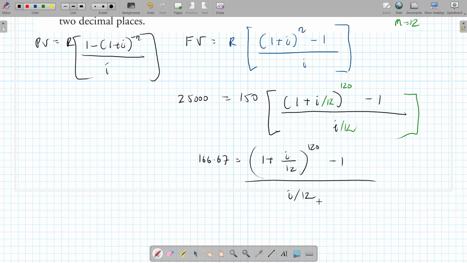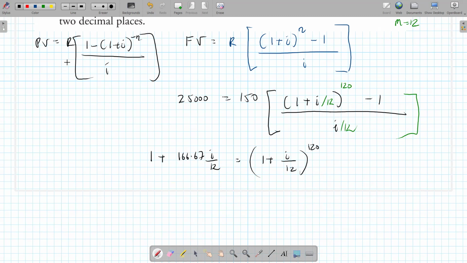You multiply by I over 12. I don't know if this is doable by hand. Because you can add 1 to it, like that. But now we've hit a brick wall.